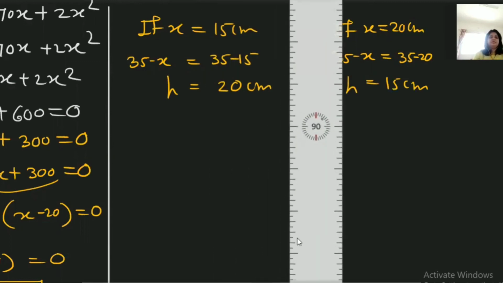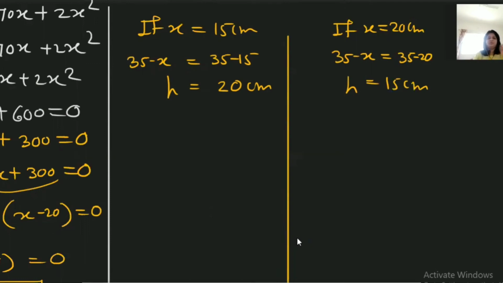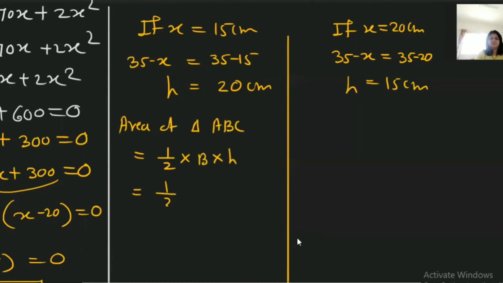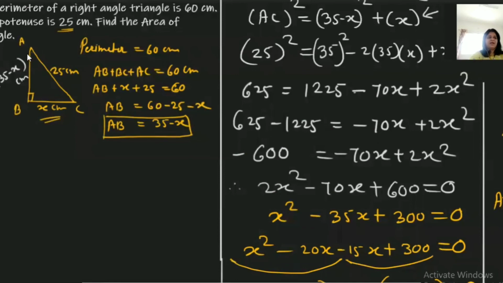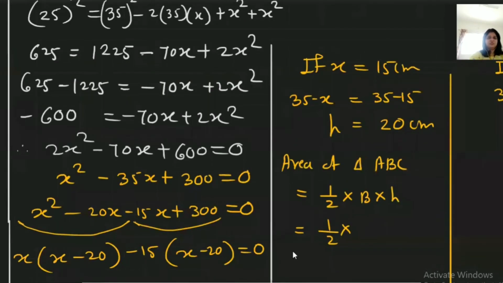We will find the area of the triangle accordingly. In exams, in the solution, we need to show both the values of the areas. So here I am going to write area of triangle ABC equals half into base into height. You can see here in the triangle base is x and height is 35 minus x.